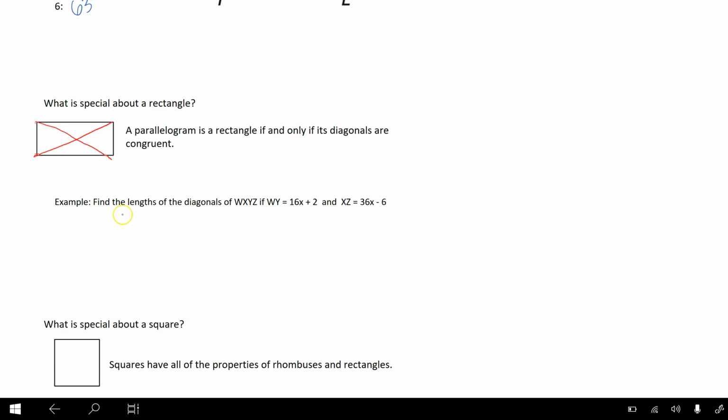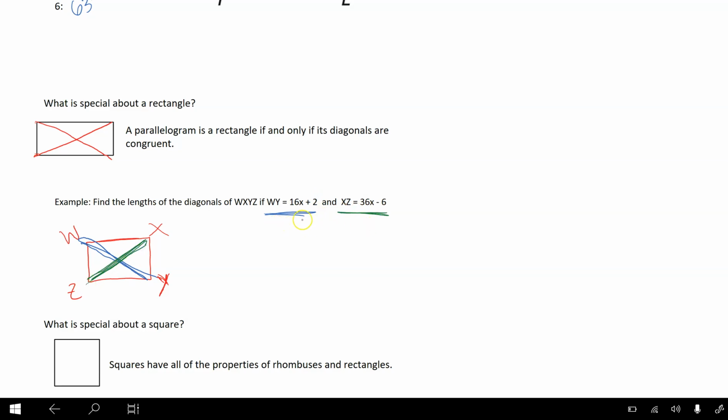So this one says, find the lengths of diagonals WY and XZ. Anytime they start doing that, let's draw W, X, Y, Z. And they want to talk about diagonals WY. So WY would be this one. And then they also give us XZ, which is this one.